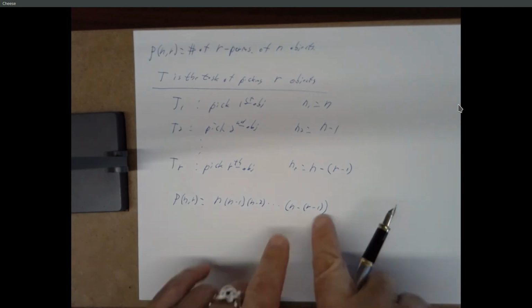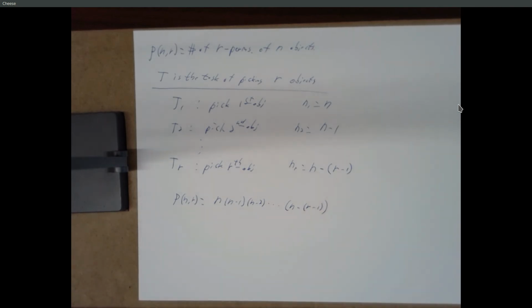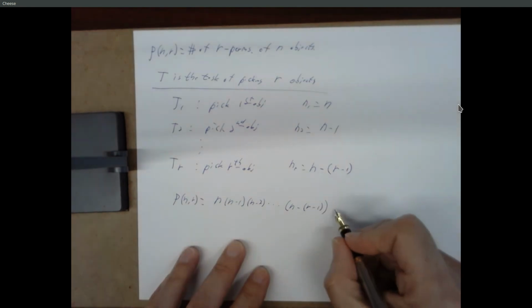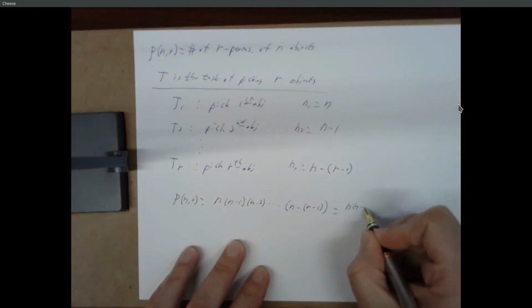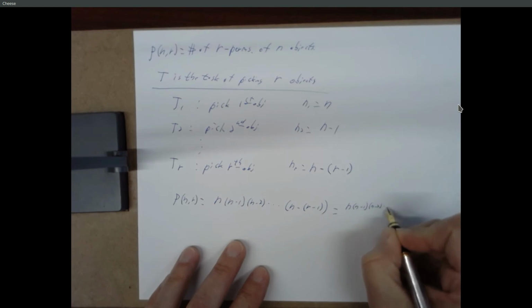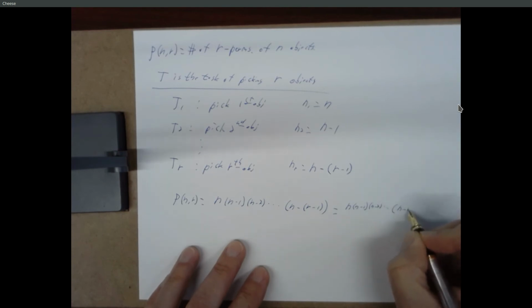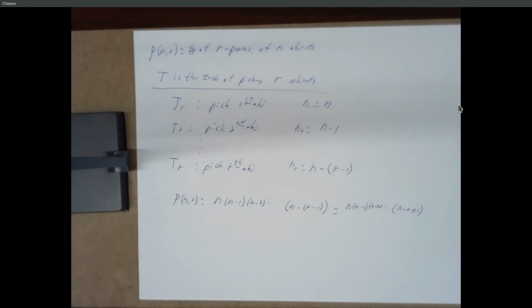And don't worry too much about the details of this minus 1 plus 1 business, because we'll do some examples and we'll see what this boils down to very quickly. But we're going to simplify this expression. This is actually n times n minus 1 times ... times n minus r plus 1.